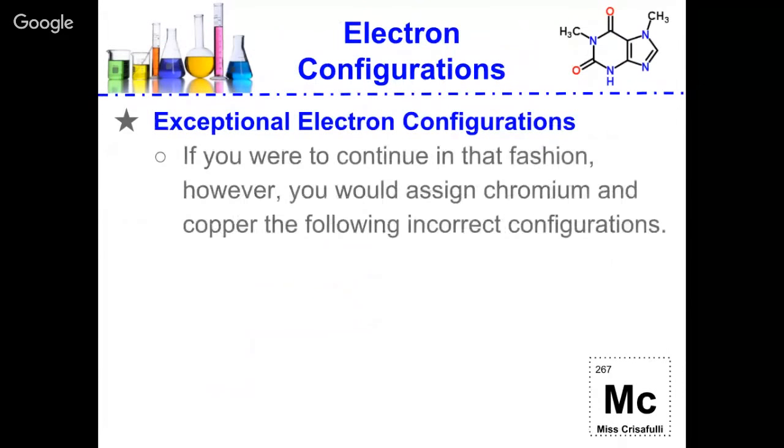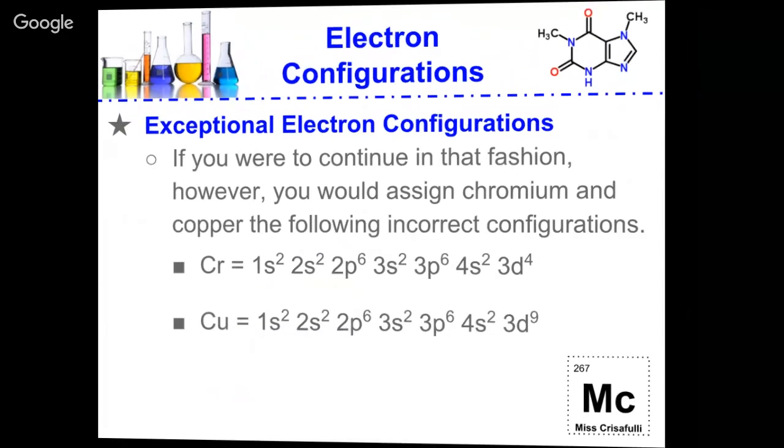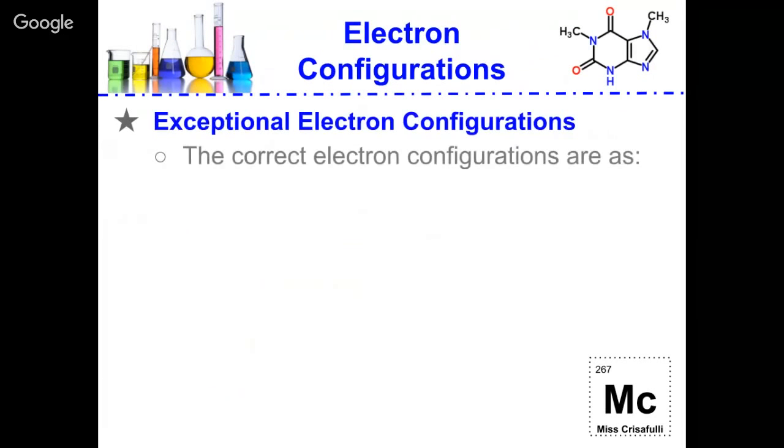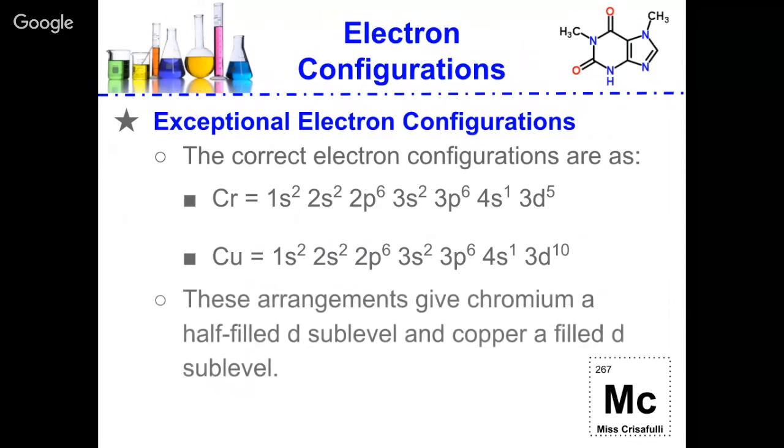However, when you get to places like chromium and copper, you would normally write their configurations like this. However, this is not good. And the reason this is not good is because we need to write their configurations like this. And that's because these arrangements give chromium a half-filled d sublevel, and they give copper a filled d sublevel.